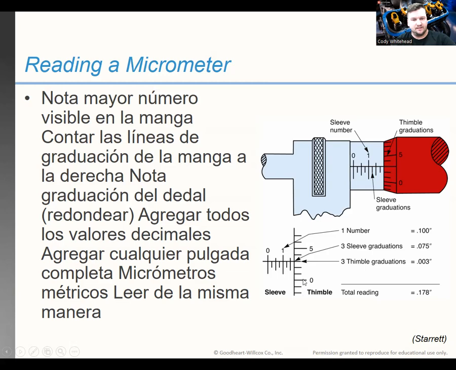And then each number here is 0.001, 0.002, 0.003, 0.004, 0.005, and so on. Then you would add them together. Whatever this line running through the middle lines up with on the thimble, that's the number being used.